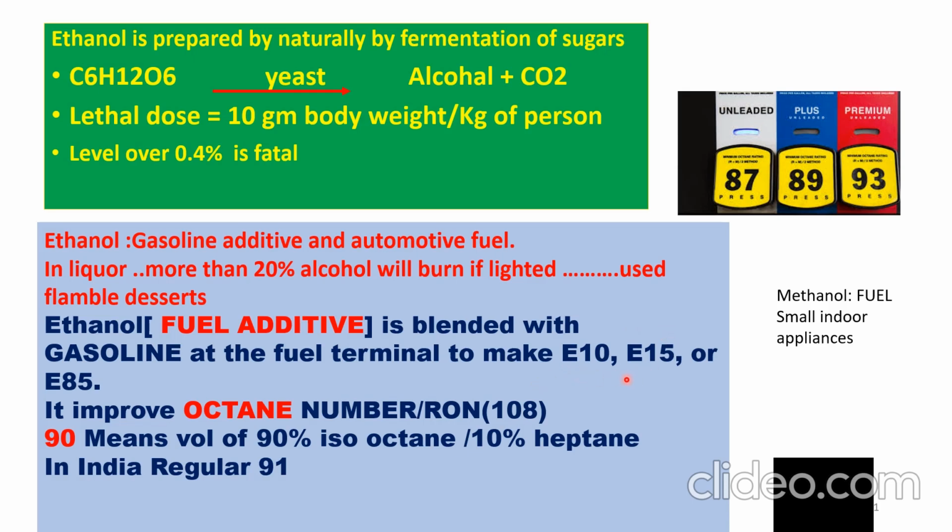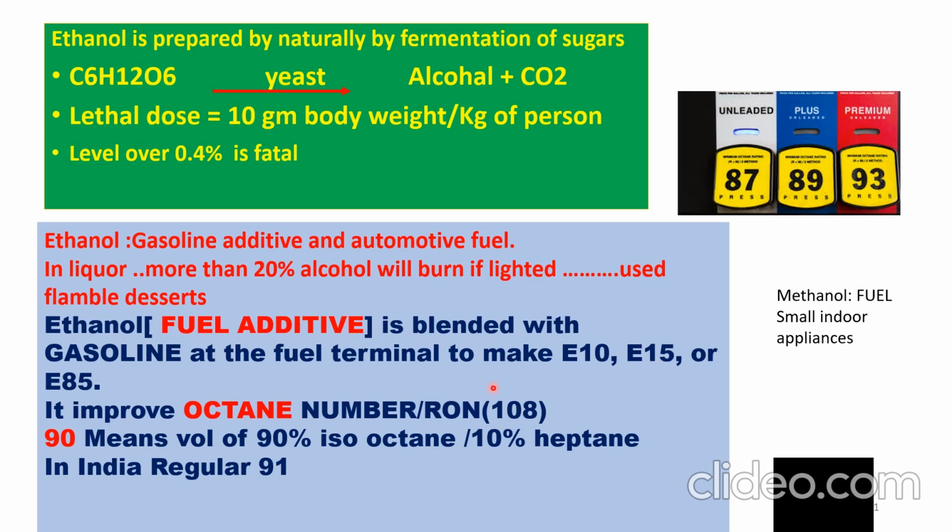These days ethanol serves as an alternative source of energy, and we can see there are some markings E10, E15 or E85. This means that ethanol is blended with gasoline. 10% of ethanol is blended with 90% of gasoline, and 15% of ethanol is blended with 85% of gasoline, like this.